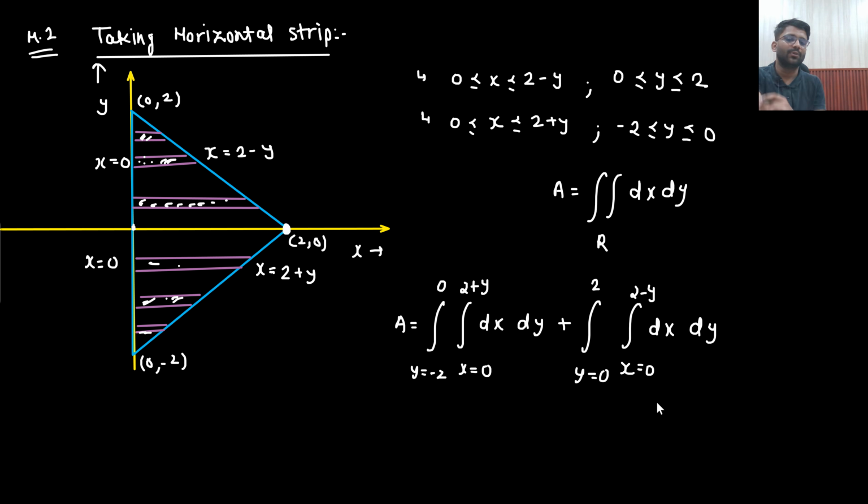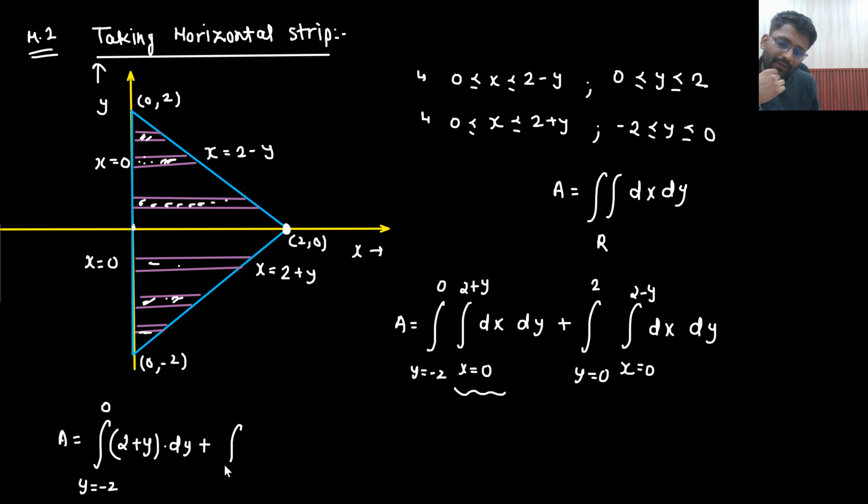Now I am supposed to solve this integration. So what will be the integration? Here y is a constant limit which I will solve later on. First of all, I need to solve this part. Integration of dx would be x, 2 plus y minus 0 would be 2 plus y dy, with y going from minus 2 to 0. Then for this part, 2 minus y minus 0, so 2 minus y dy, with y from 0 to 2.